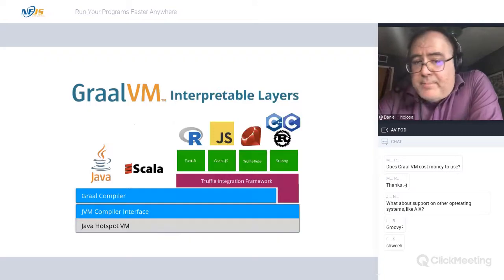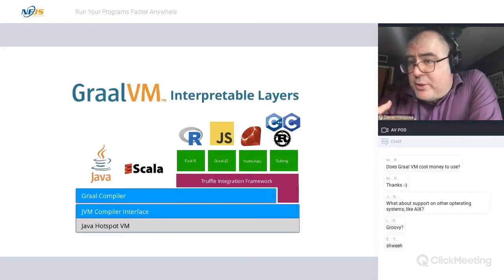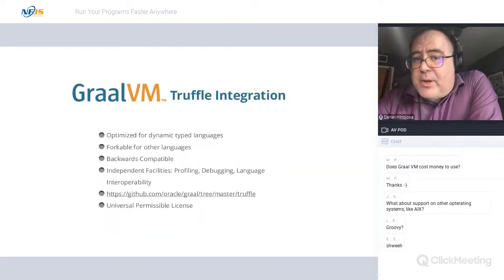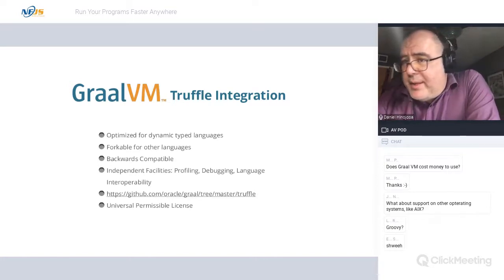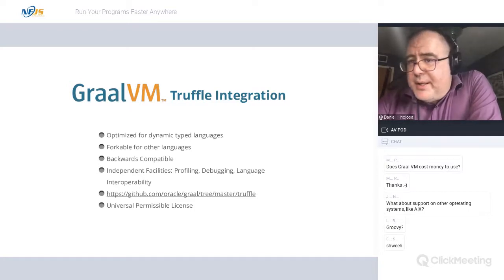So LLVM, coming back to this slide, is used within Sulong, the layer that makes it possible for us to run our C, C++, Rust, and other languages as JVM code. Okay. So Truffle integration is for the dynamically typed languages, backwards compatible. Because of this, we could do things like profiling, debugging through the Chrome developer tools, and language interoperability as well.